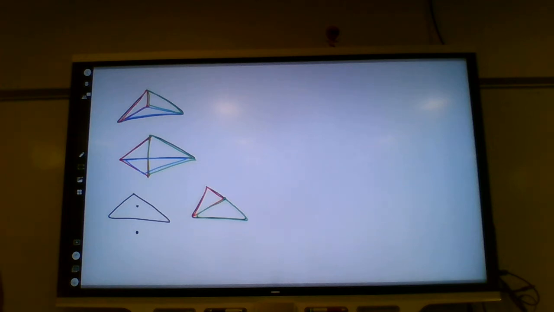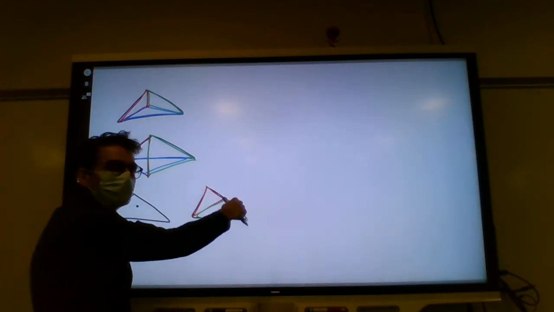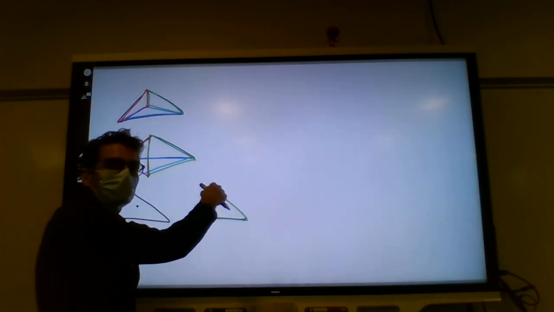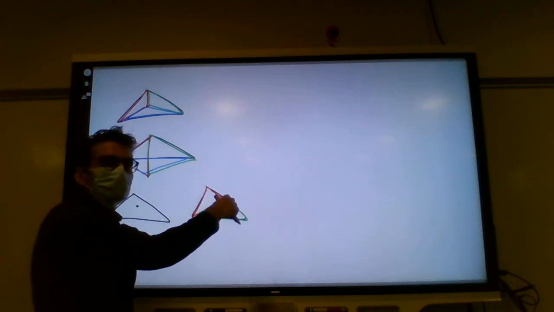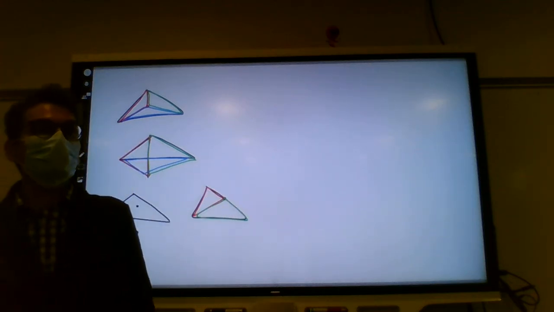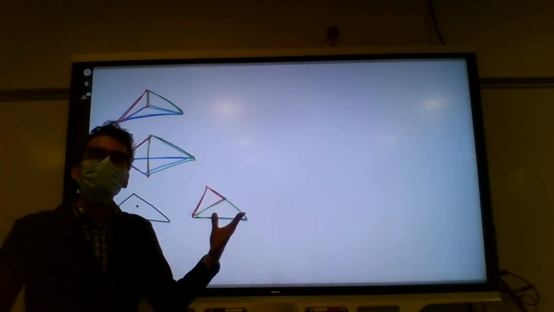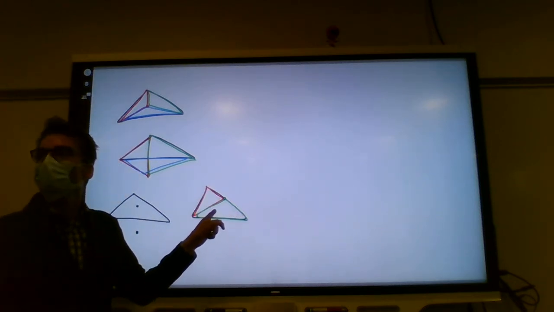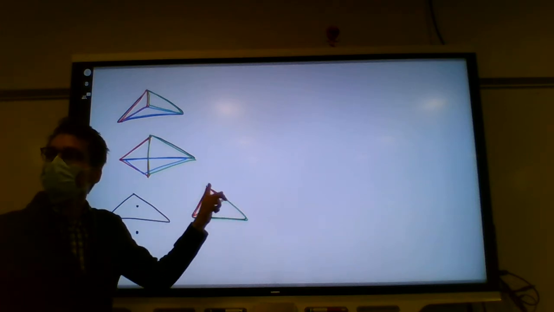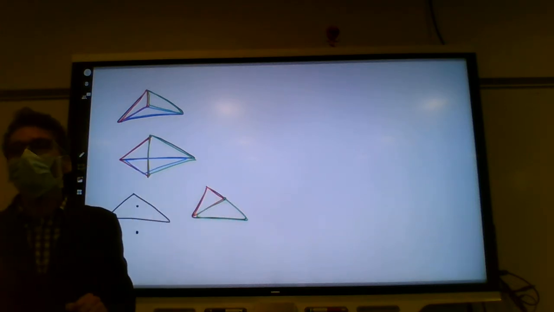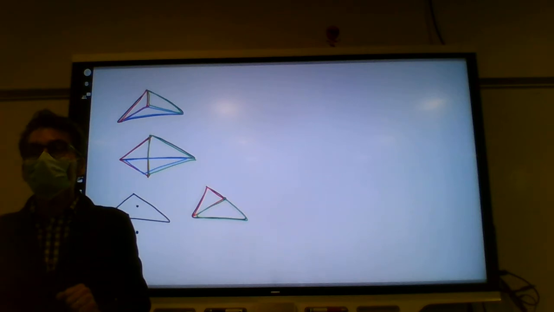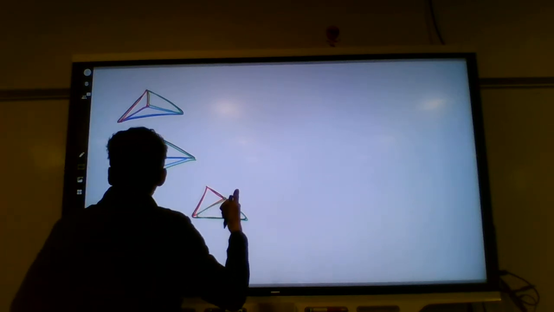What's its area? Just a straight line. What's its area? The blue triangle has area 0. So when you add the red, the green, and the blue, what do you still get? The same area as the original, but one of those triangles had area of 0. Does that make sense?